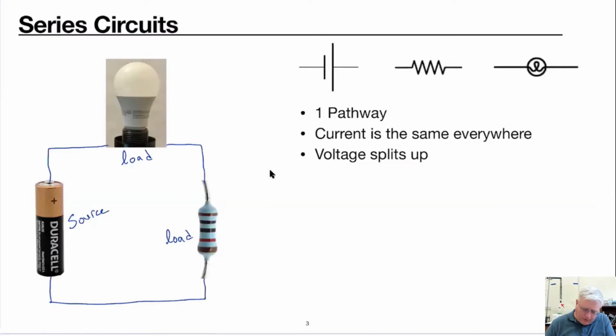And so we could draw a schematic diagram of this situation. We can have the battery, and the light bulb is sort of like this little loop, and you'll see that it's drawn slightly differently depending on the program you use, or what book or manual you're looking at.